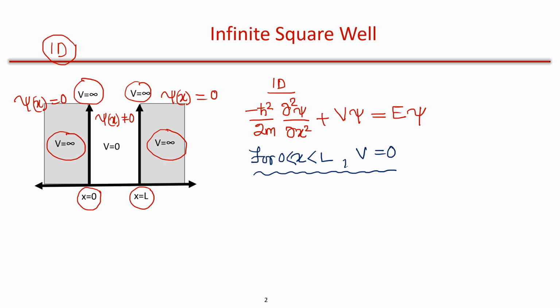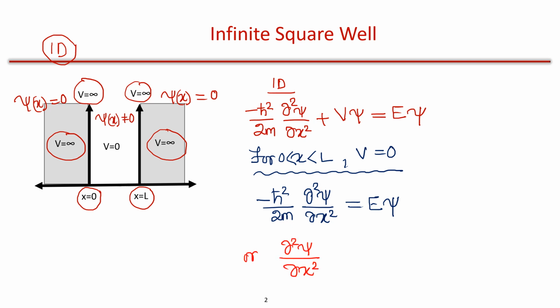So we can write minus h cross square by 2m del square psi by del x square is equal to E psi, or we can write del square psi by del x square plus 2m by h cross square E psi is equal to 0. Now we have to solve this Schrodinger equation to get the energy eigenvalue as well as the wave function.